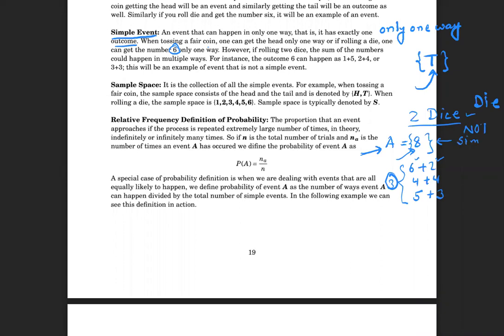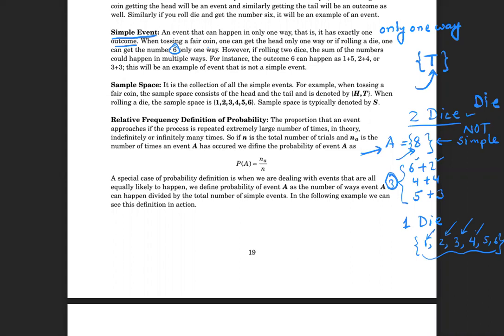Not simple. Whereas if you roll a single die, one die, the outcome could be one of these numbers: 1, 2, 3, 4, 5, and 6. It will be one of these numbers, but you can think of these numbers as individual events.